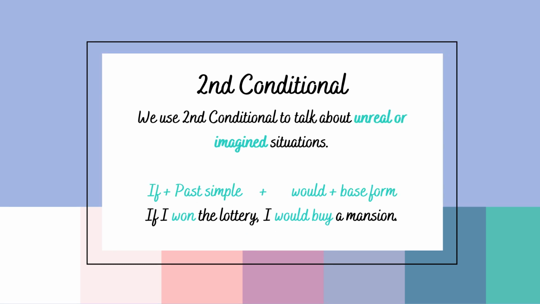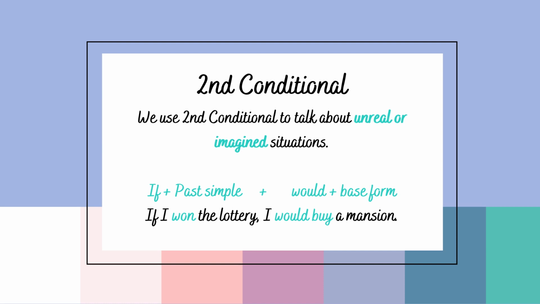Second conditional. We use the second conditional to talk about unreal or imagined situations. We use past simple and would with the base form of the verb. If I won the lottery, I would buy a mansion. You can also change the order.